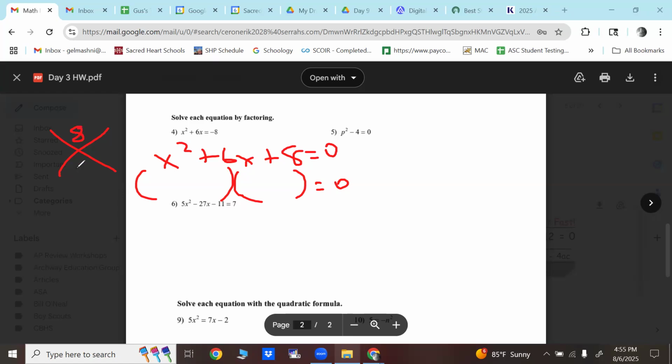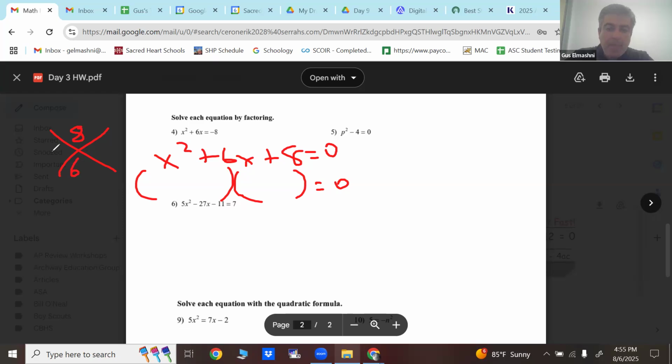8 on top. And you remember what to put below? 6x? X squared? You put 6.